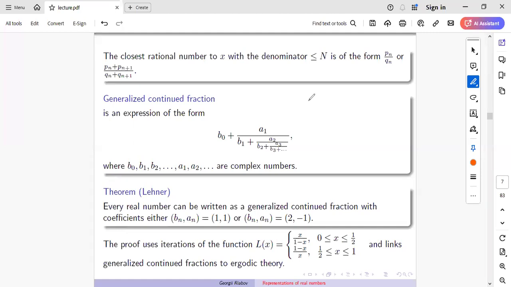The first iteration is just L of x. The second iteration is L of L of x. The third iteration is L of L of L of x, and so on.